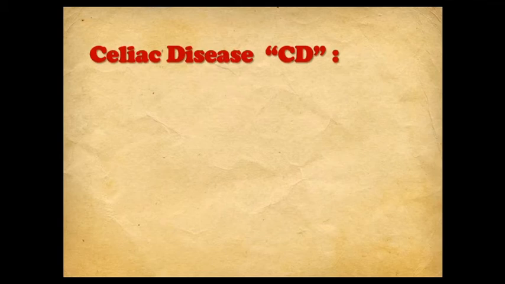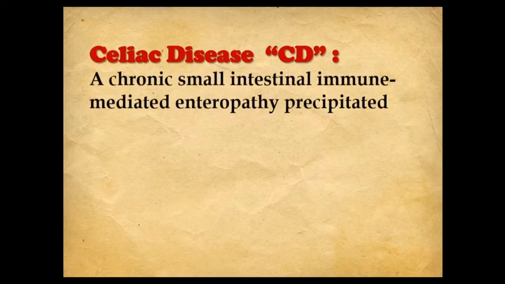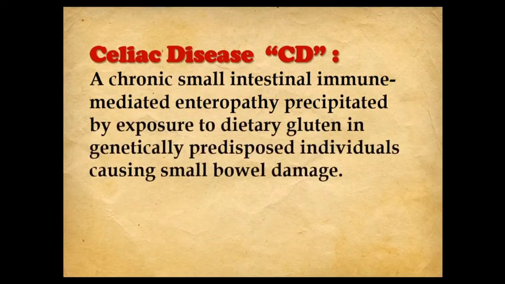Firstly, we have to define celiac disease, and we will know the basis of the definition. Celiac disease is a chronic small intestinal immune-mediated enteropathy precipitated by exposure to dietary gluten in genetically predisposed individuals, causing small bowel damage. As you see, there are three bases for the definition.